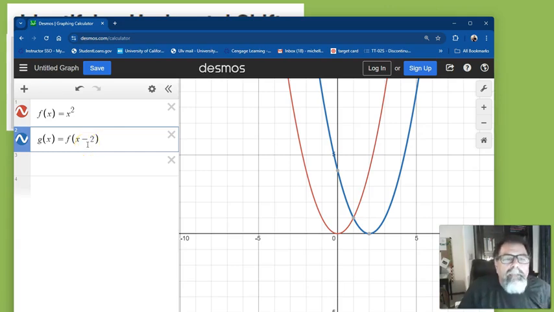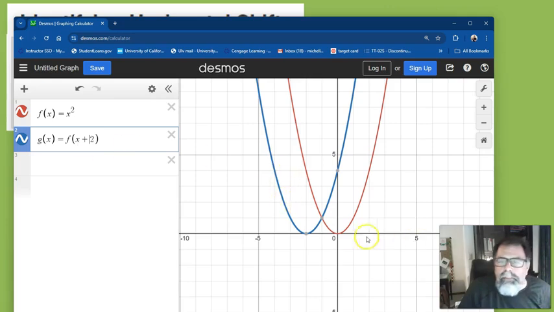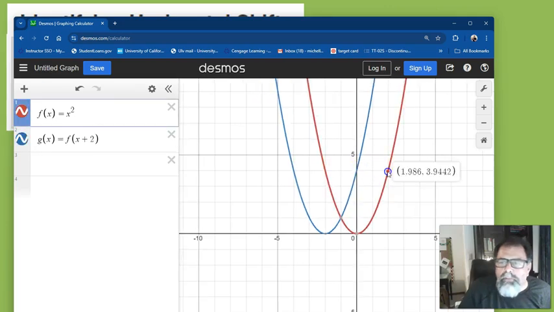So if I do minus a minus 2, well, that's the same thing as plus 2. So see, and then that will get shifted to negative 2, right? So if you look at the vertex, it's going to get shifted to negative 2. Okay, and every point, this point right here, 2, 4 would get shifted 2 units to the right.